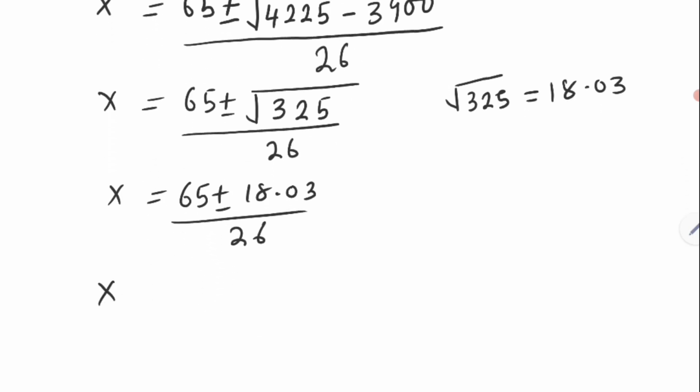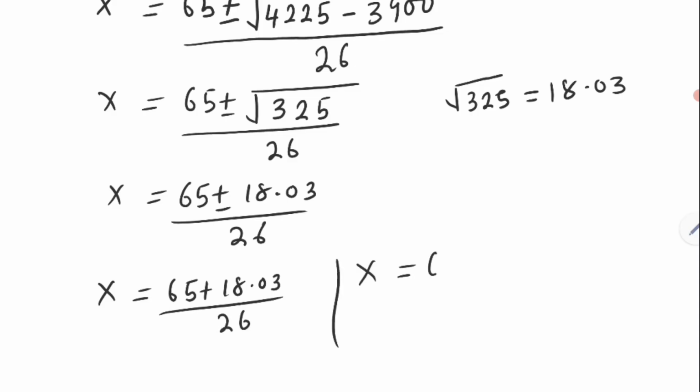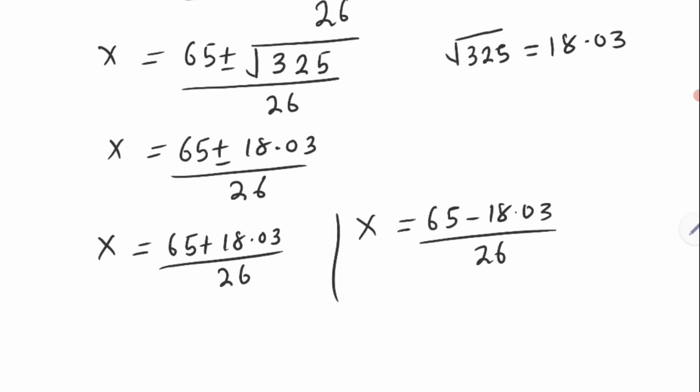Now S is equal to 65 plus 18.03 over 26, or S is equal to 65 minus 18.03 over 26.